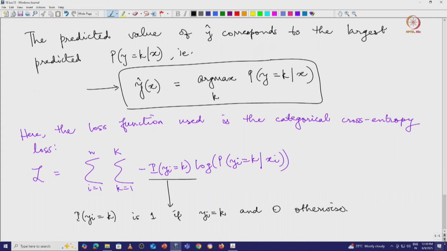Now, one can show that this particular loss function reduces to your binary cross entropy loss function for logistic regression if you consider only 2 classes. So, with this I hope you have got a nice introduction to softmax regression as a segue from the logistic regression which we had covered in the previous lectures.